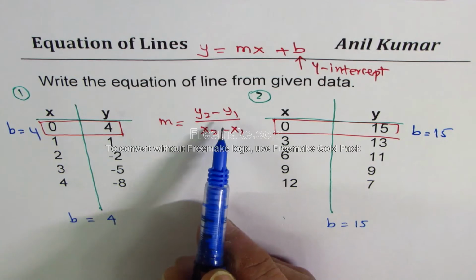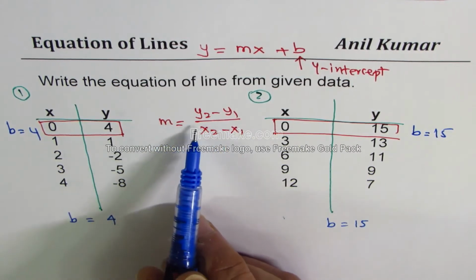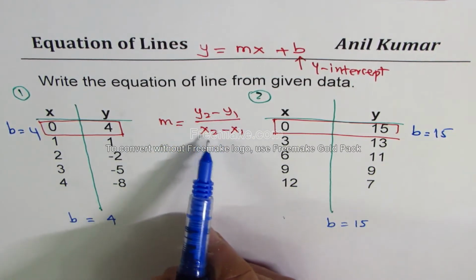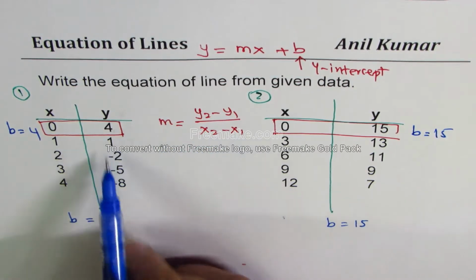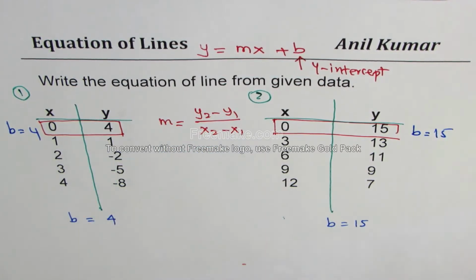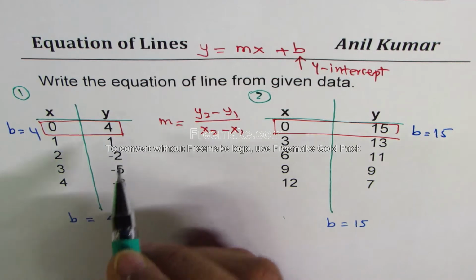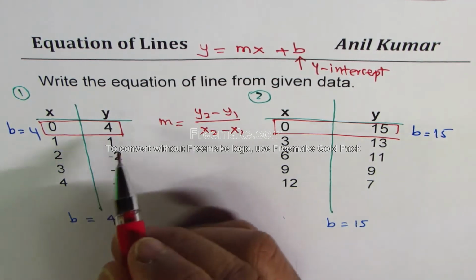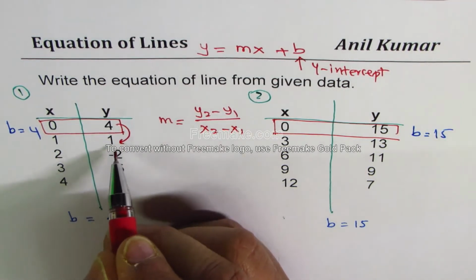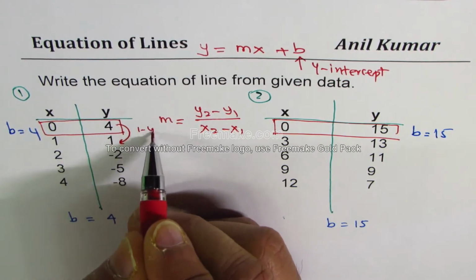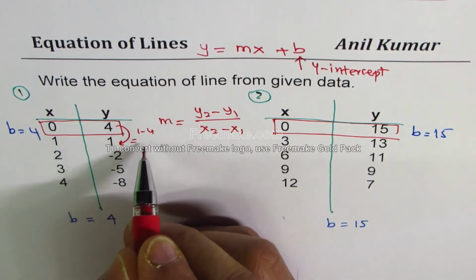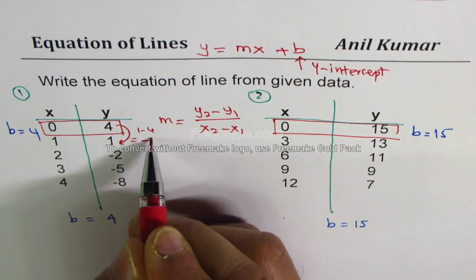Now let us find the slope. m, which is y2 minus y1 divided by x2 minus x1. Whenever you are given data, we can find the difference between y values. So we'll do 1 minus 4. What is 1 minus 4? In this case, it will be minus 3, right?